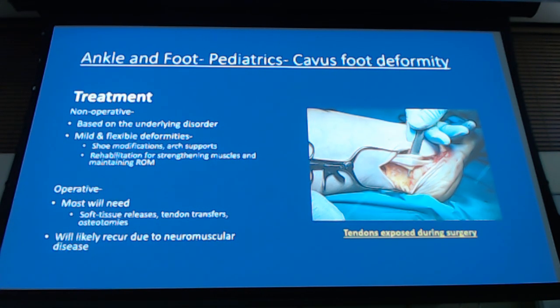But based on the age at which you catch this, the non-operative management may not work. I don't have an age distribution for you, but just understand that if non-operative management fails, then they will need some tendon transfers and other orthopedic interventions. The reason why you want to get these into neuro is because if they have a neuromuscular disorder, neuro can help as well.